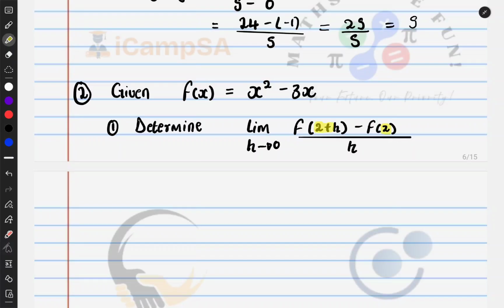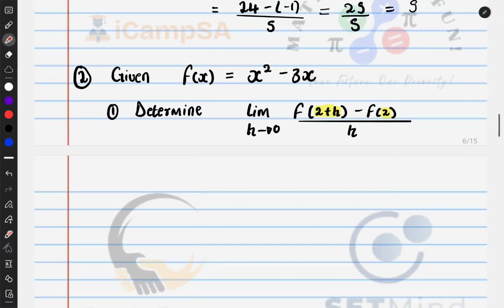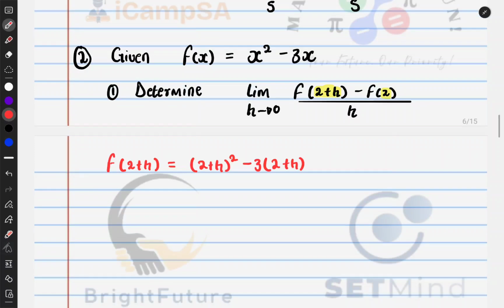For f at 2 and f at 2 plus h, let's go ahead and do that. Let's start with f at 2 plus h, which would be equal to 2 plus h squared minus, wherever we see x, we put now 2 plus h again.